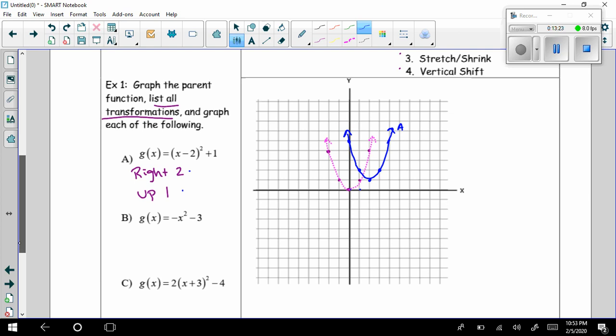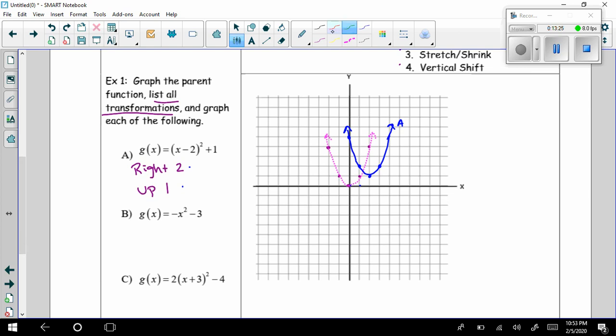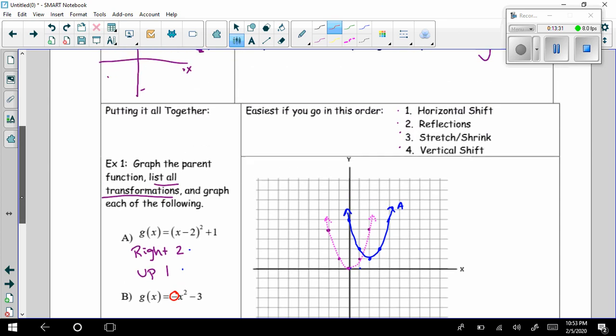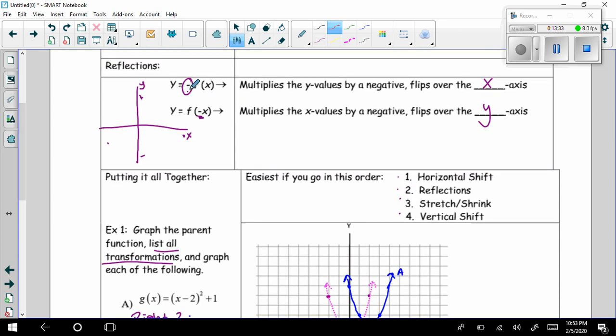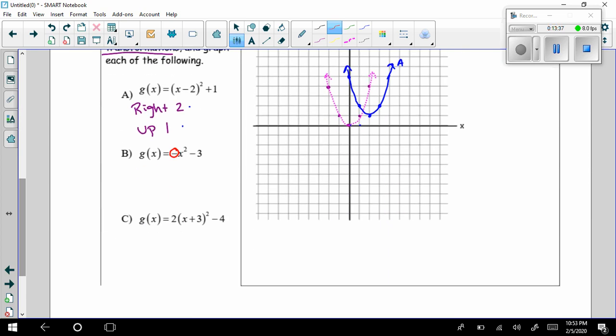All right, we can see again the effects of that parent function here. This one, we have that negative sign out in front. So remember, it's not in parentheses, so it's reflecting over the x-axis. And then it's shifting down 3.